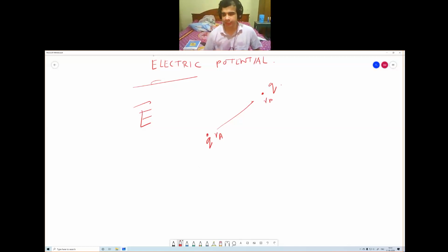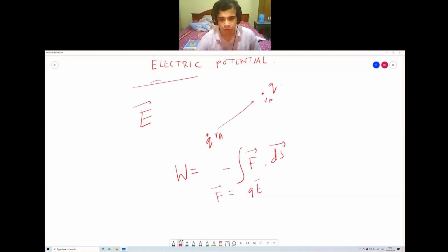Work done against the field. So W is defined as we had seen, the integral of F dot ds, with a negative sign because we are doing the work against the field. Right? Now what is F? F is equal to QE. So W equal to Q times the integral of E dot ds. Q does not change; you can take it safely out of the integral. The limits are from point RA to RB.